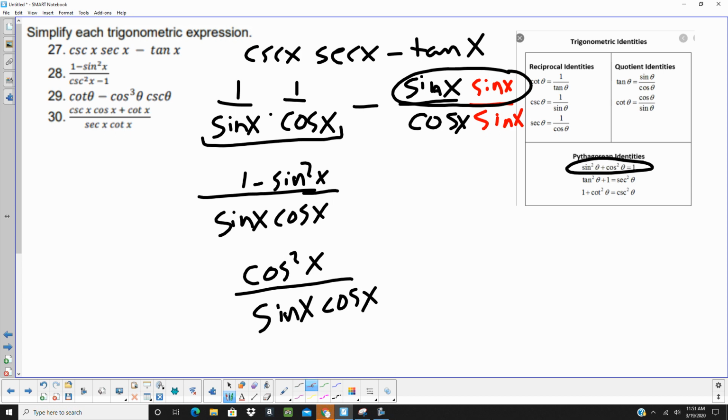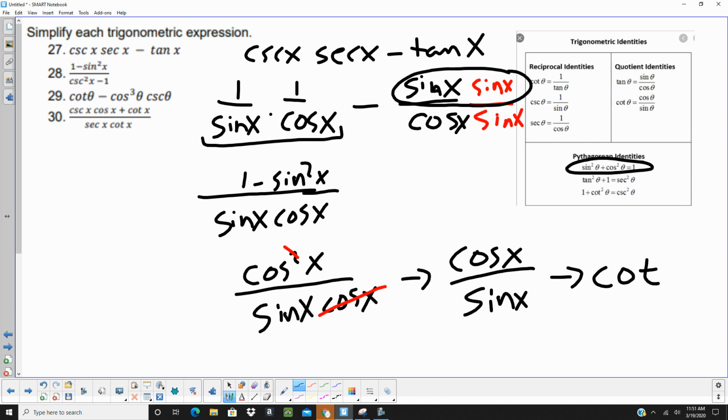There are 2 cosines in the numerator. One is going to cancel out, and I'm left with cosine x over sine x, which is cotangent x. So that's your answer to 27.